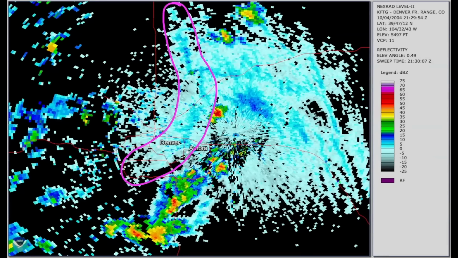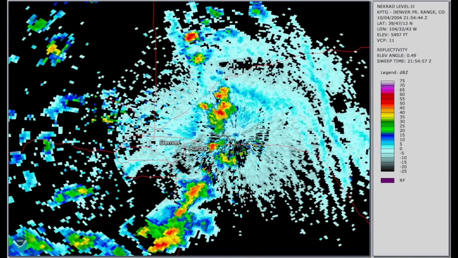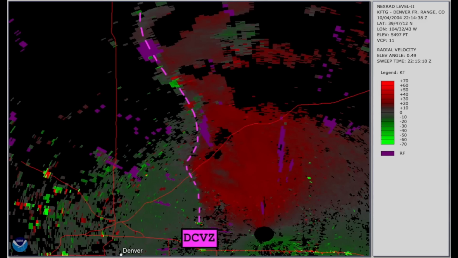In this example, note the stationary fine line in reflectivity that was draped through the eastern portions of the metro, evidence of a DCVZ boundary in place. When analyzing these terrain-induced convergence zones, you can also use the velocity product to identify areas of vorticity or spin along the boundary, which can be stretched into the vertical to aid in non-supercell landspout tornado genesis underneath nascent updrafts.